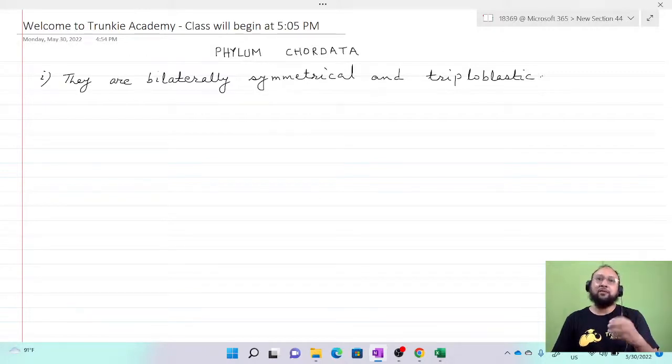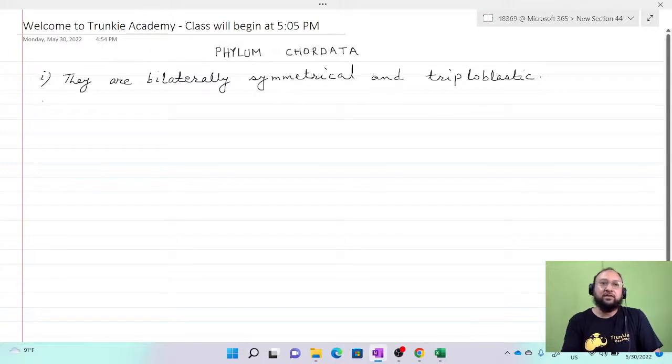I have explained bilateral symmetry: when the animal's body can be cut only through one plane passing through the central axis to divide it into two equal and identical halves, it is called bilaterally symmetrical. So chordates are bilaterally symmetrical and triploblastic.